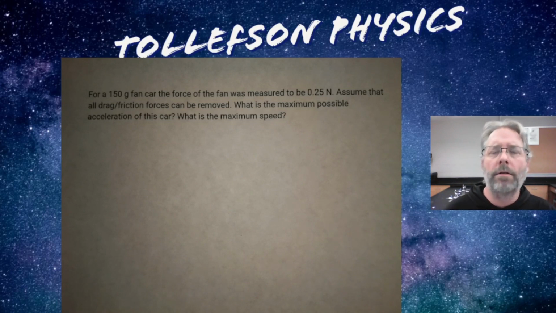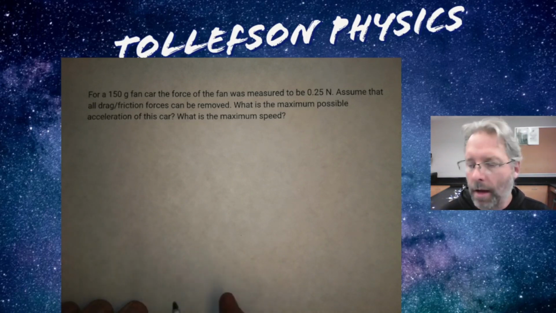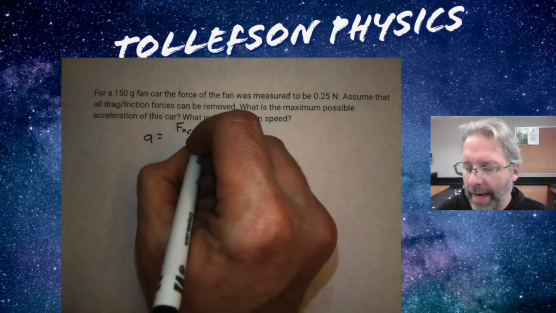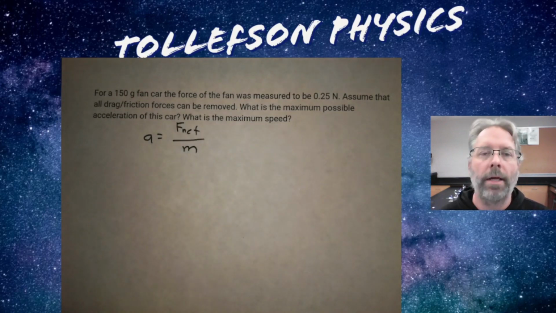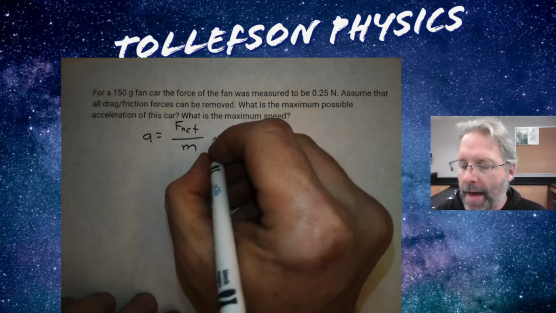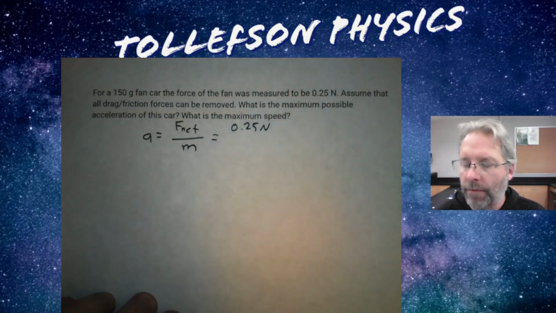So we're going to be able to calculate the acceleration using Newton's second law. And a common way to write Newton's second law is this way, where the acceleration is the net force divided by the mass. And so we can predict what a maximum acceleration is simply by saying, okay, let's set the net force to the force of the fan.